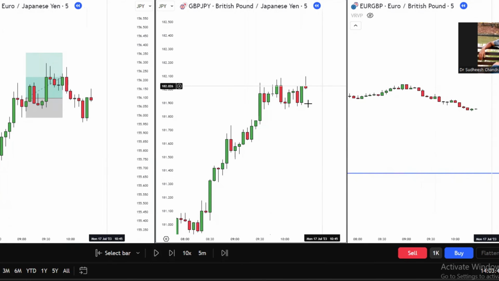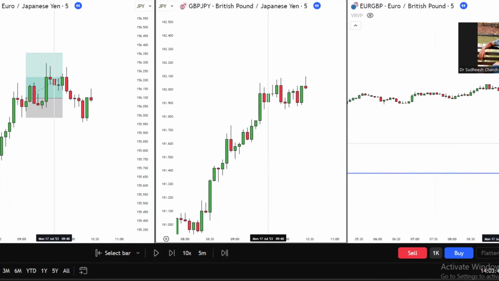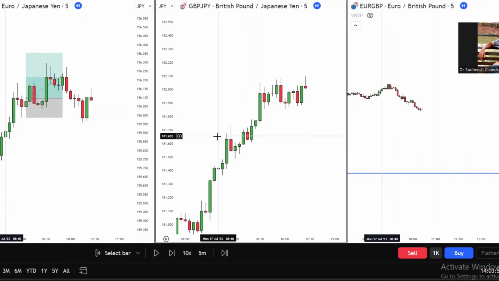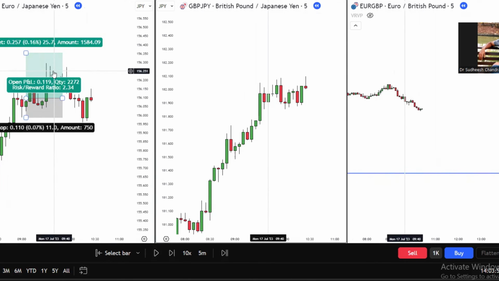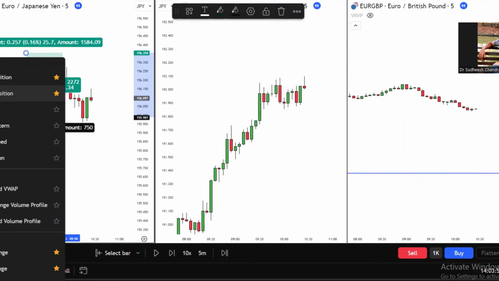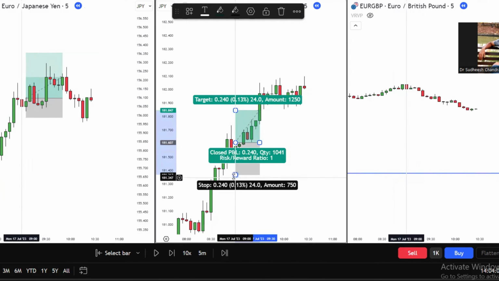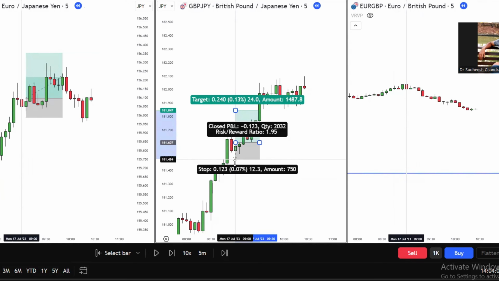You see, this one was the strongest pair. That's why relative strength analysis is so important, right? You see here, it came down. This one was the strongest, so it gave us that 2 hour. See, the 9 a.m. candle opened over here. If we were to enter over here, we would have gotten our 2 hour, and even more.